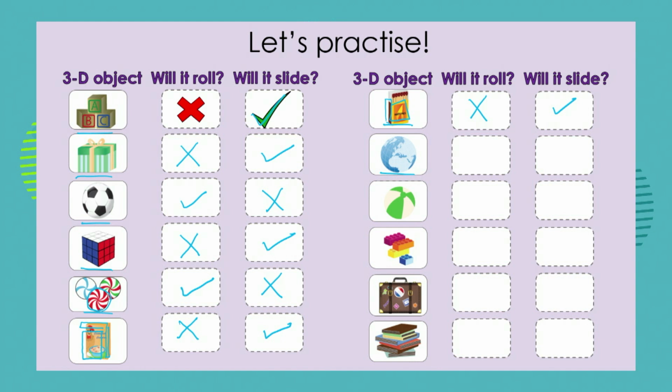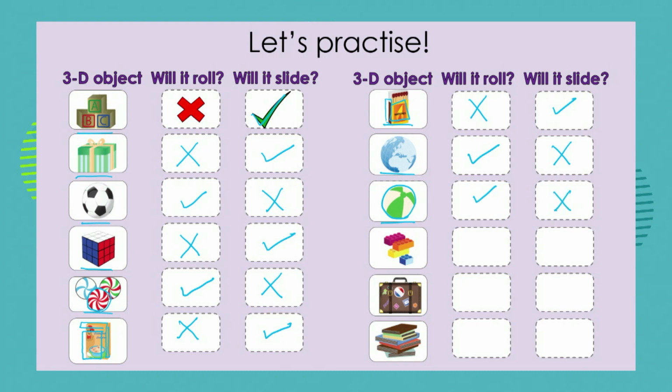It is going to roll and it will not slide because it does not have sides. Our next object is a beach ball. We can see that it is round in shape. So can you tell me the answers, grade 1? Fantastic. The beach ball is going to roll and it will not slide.